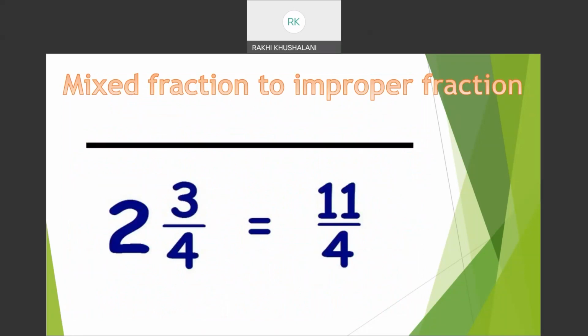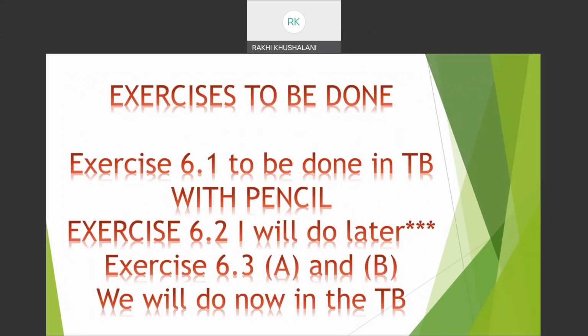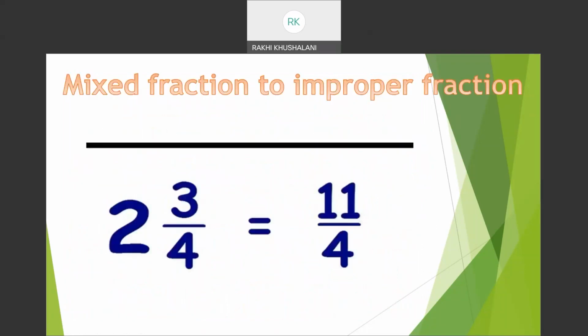converting a mixed fraction to an improper fraction. This is QRD, right? The quotient, the remainder, and the denominator. And that is getting converted to an improper fraction. That means where the numerator is bigger than the denominator.